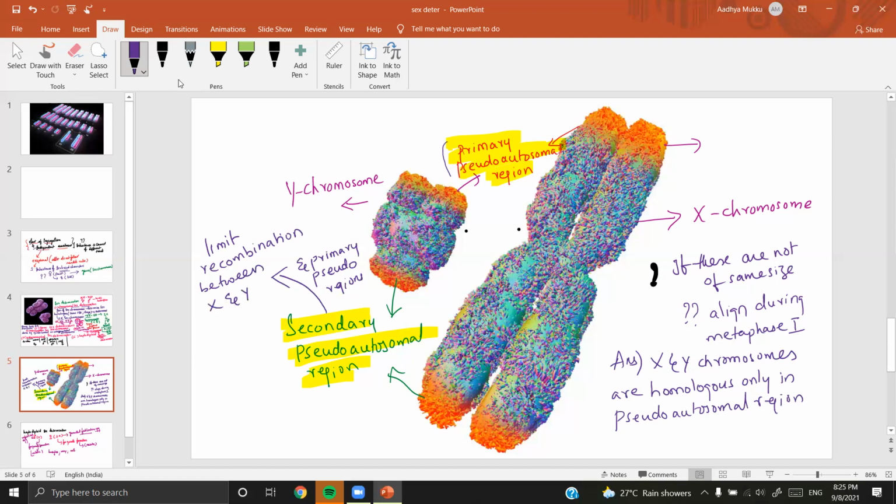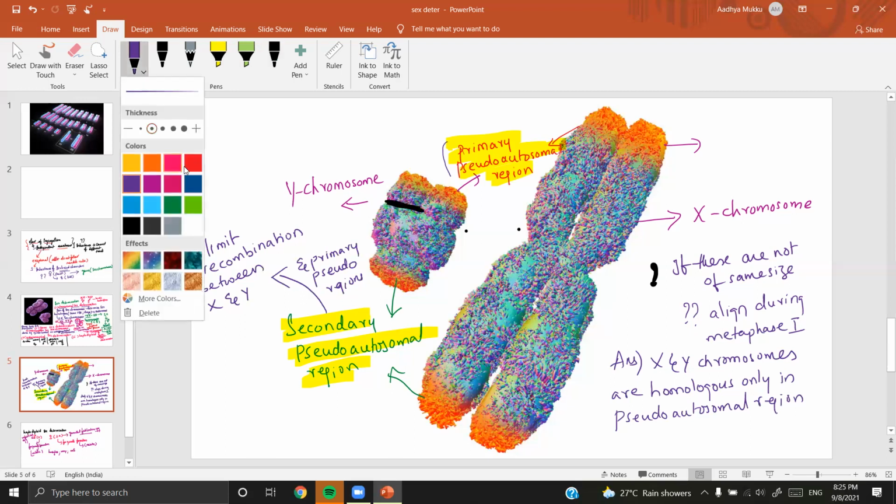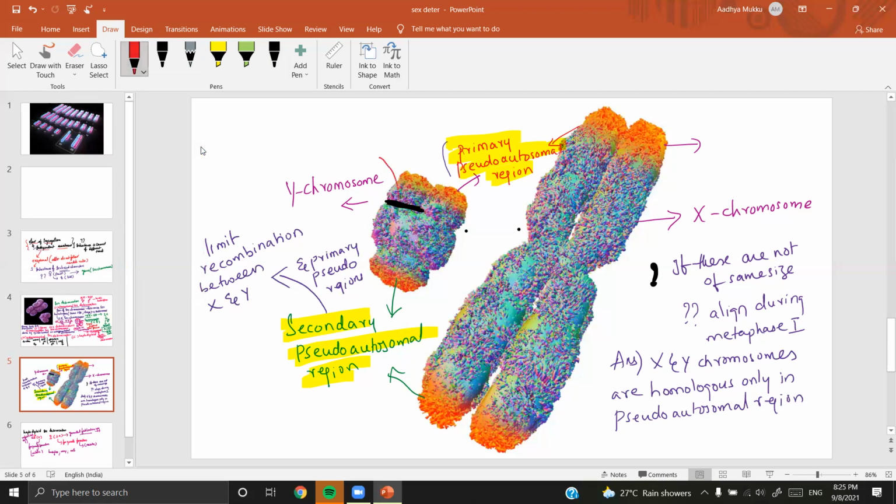The other most important thing to remember, children, is that your Y chromosome is going to have a special gene, and that special gene is called the SRY gene. Let me write in capitals, SRY gene.